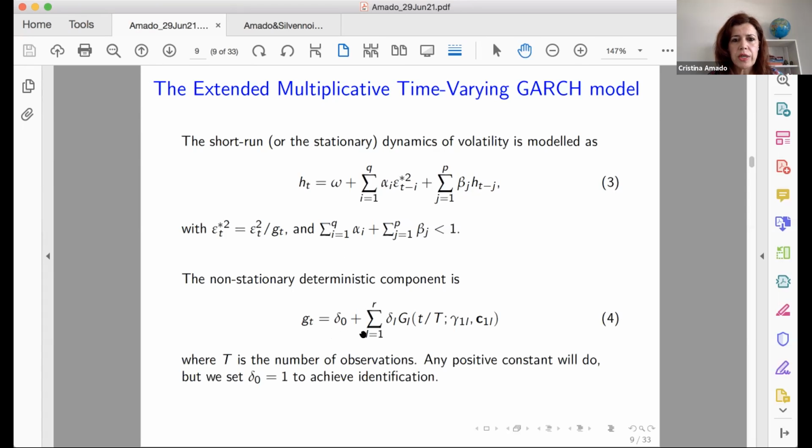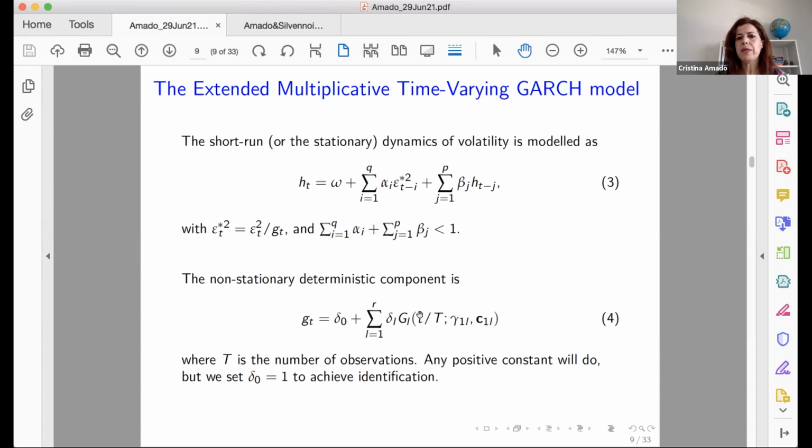This function that you can see here is a linear combination of logistic transition functions, and the logistic transition functions are given by this capital G. That is a function of the scaled time. So this time is between 0 and 1, and this is important in order for us to have good asymptotic results.